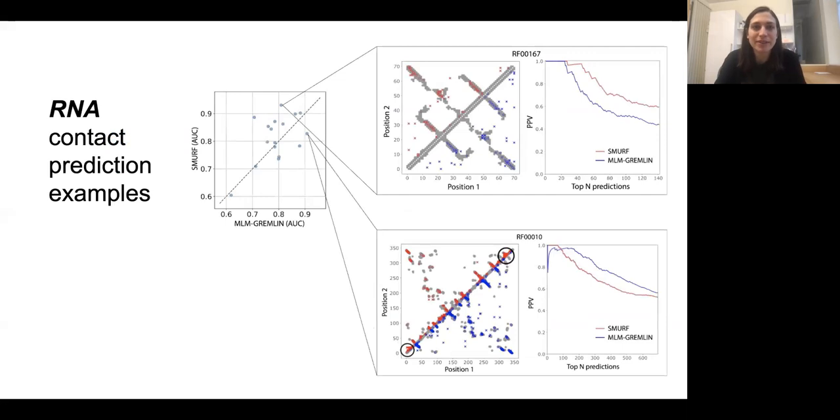So we zoomed in on a couple examples. Here's an example where our method SMURF did better. The red X's correspond to what SMURF predicted was the contact, and the blue was what the masked language modeling Gremlin did.